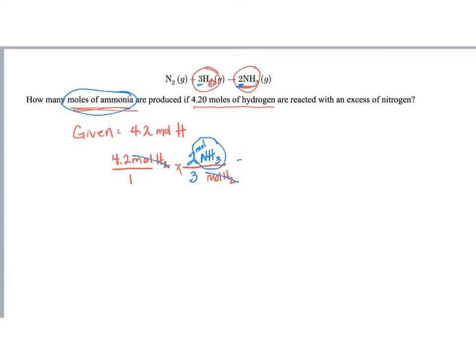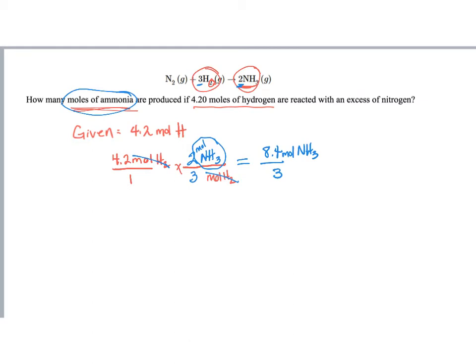And so we just now multiply that through. 4.2 times 2 is 8.4 moles of NH3 divided by 3.